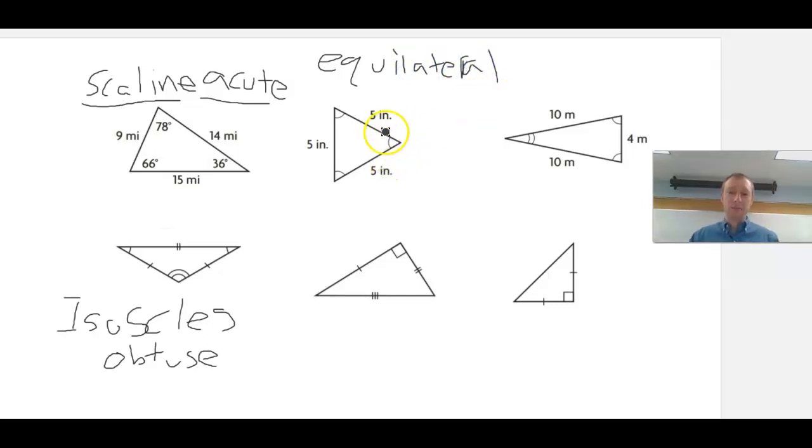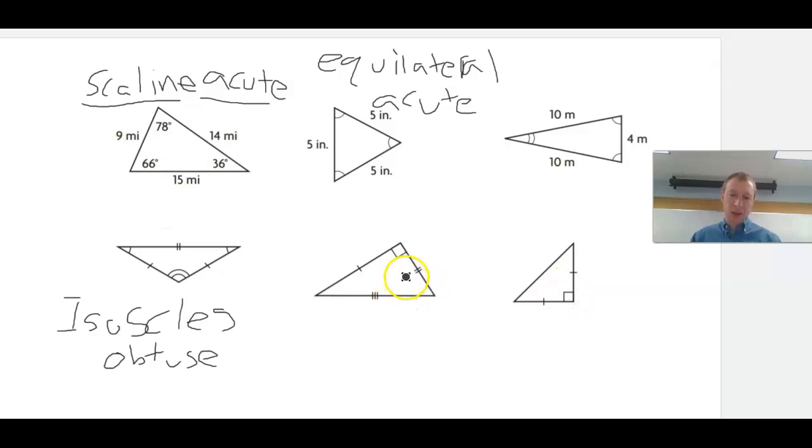Now let's look at the angles. All the angles look the same. They all look less than 90 degrees. There are no obtuse angles. They all look acute, don't they? So that means this is an equilateral acute triangle.